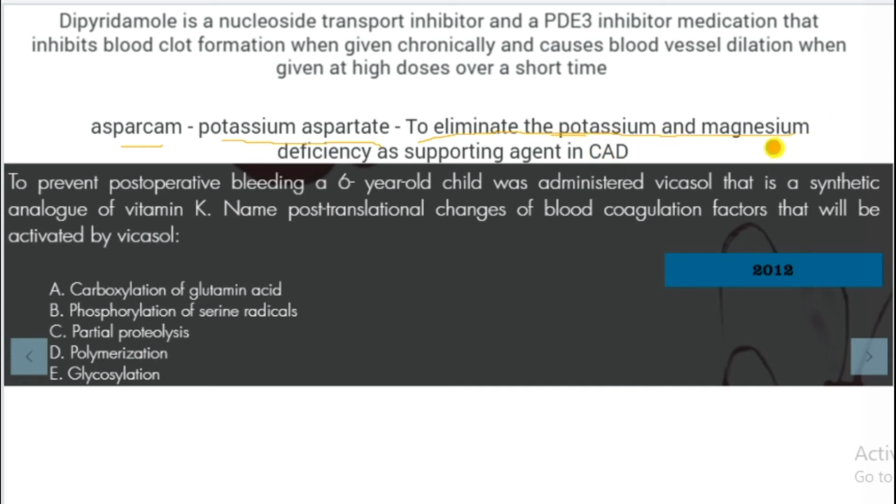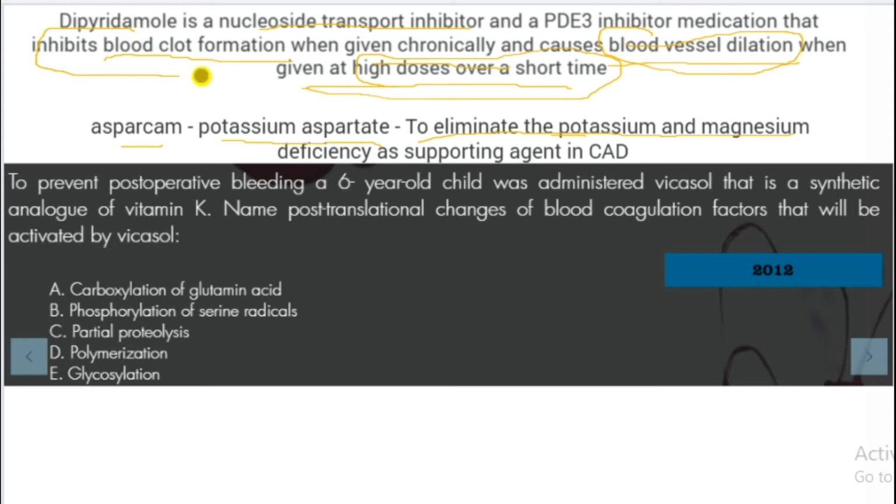And dipyridamole, another option, is a nucleoside transport inhibitor and a PDE3 inhibitor medication that inhibits blood clot formation when given chronically, and causes blood vessel dilation when given at high doses over a short time.